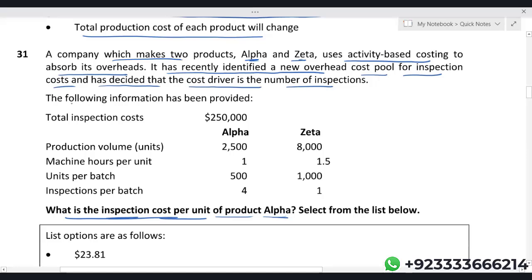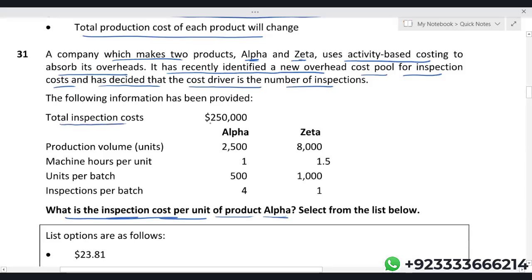Now listen, student, if we know the total number of inspections, then total inspection cost divided by total number of inspections will give us the per inspection cost. Then it becomes easier to allocate how much inspection cost belongs to alpha.